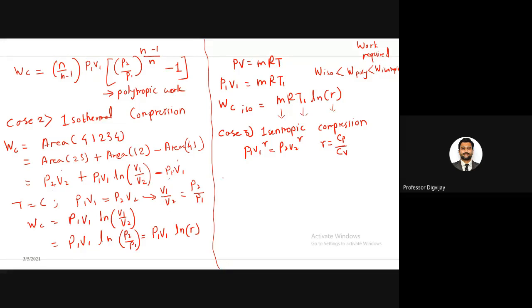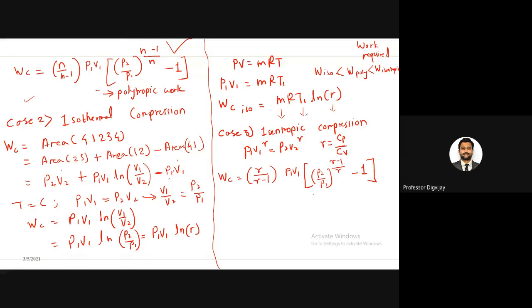See here, the formula for isentropic compression and the formula for polytropic compression are the same, only the power or the index changes. So here compression work will be equal to gamma upon gamma minus 1, into P1 V1, into, in bracket, P2 by P1 raised to gamma minus 1 upon gamma, inside the bracket. In the polytropic process it is n, here it will be gamma.